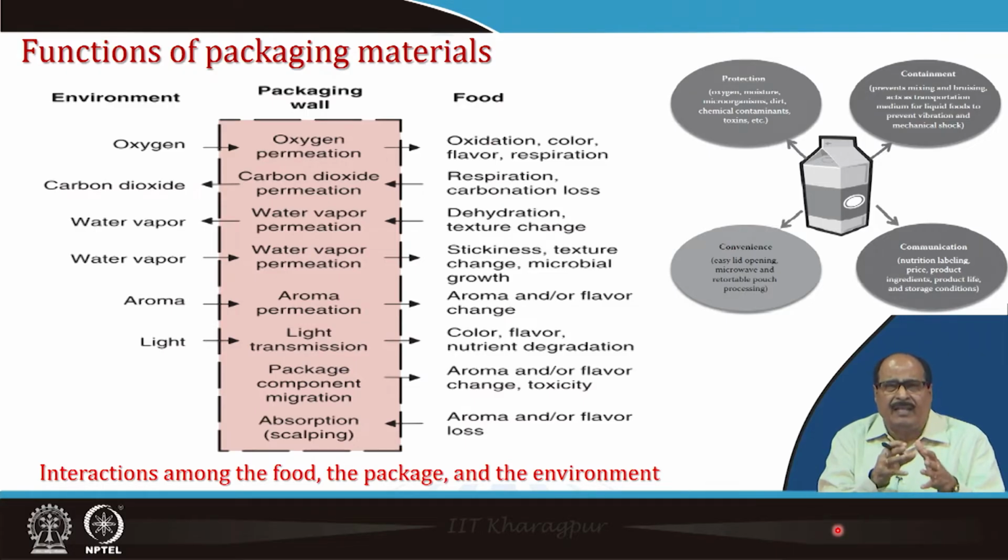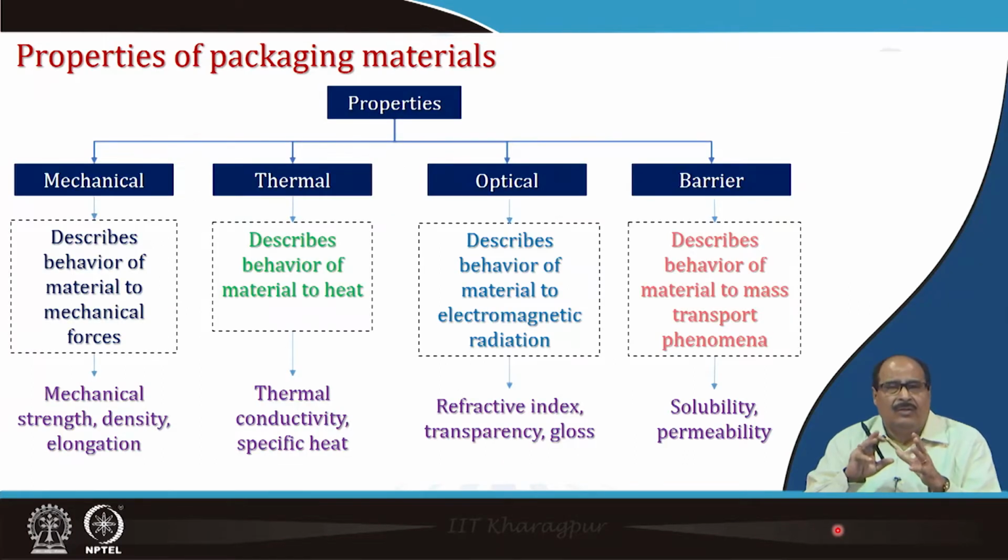So, there are various interactions between the food, package and the environment. As per the requirement, we try to control these interactions. Sometimes we want to encourage beneficial interactions and discourage and stop undesirable ones, and accordingly the properties of the packaging material play a very important role in this direction.